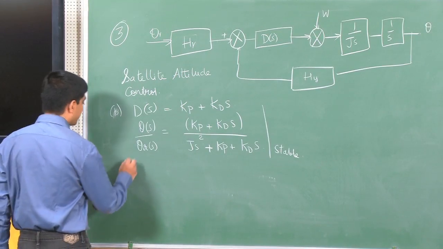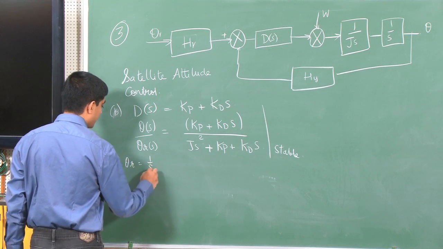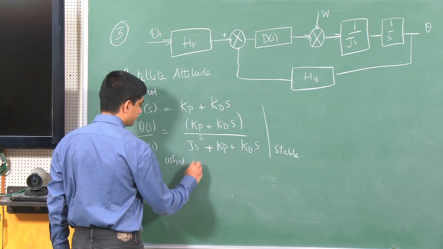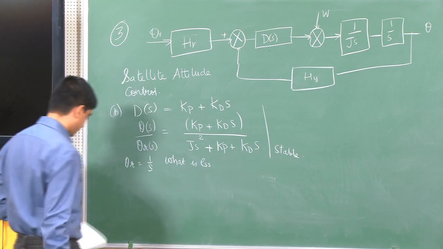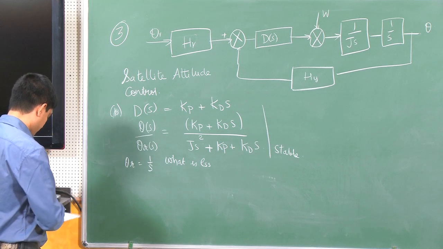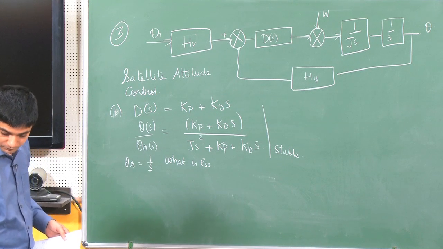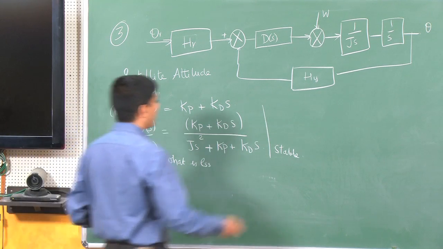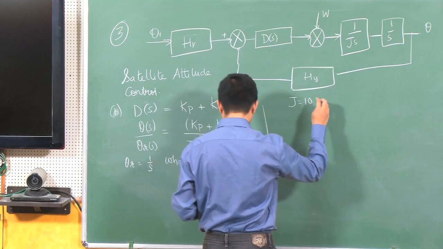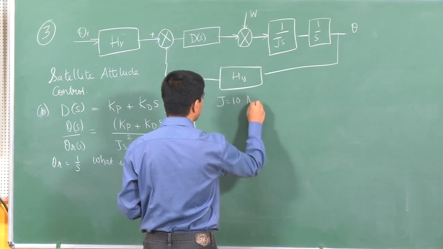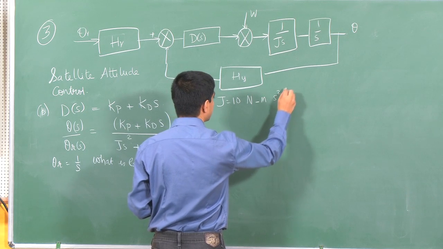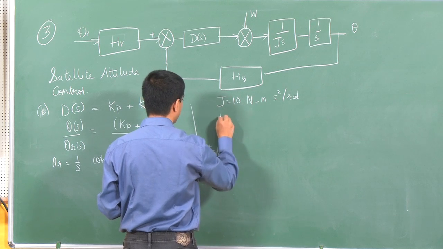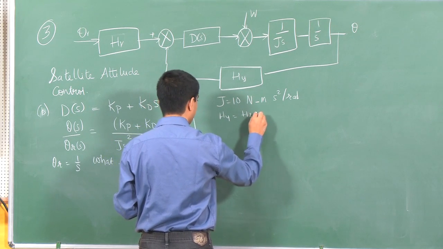Okay. So, if my reference is 1 over s, what is the steady state error? Okay. So, for this I will just use some constants to compute these values. That J is 10, since it is in the moment of inertia thing, so it will be Newton meter second square per radians, then Hy Hr is equal to 1.